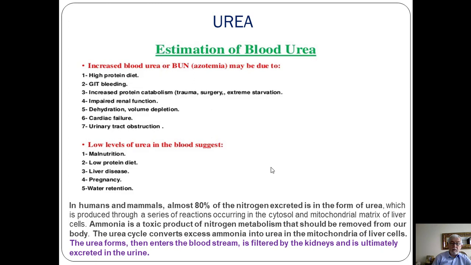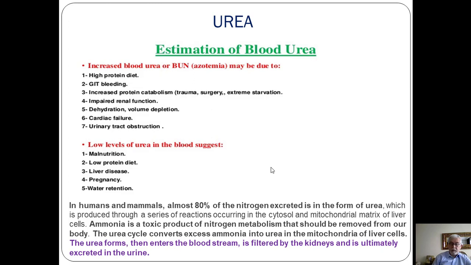The urea cycle converts excess ammonia into urea in the mitochondria of liver cells. Also, cytosol and mitochondrial matrix take part in these metabolic processes. The urea then enters the bloodstream, is filtered by the kidneys, and is ultimately excreted in the urine.